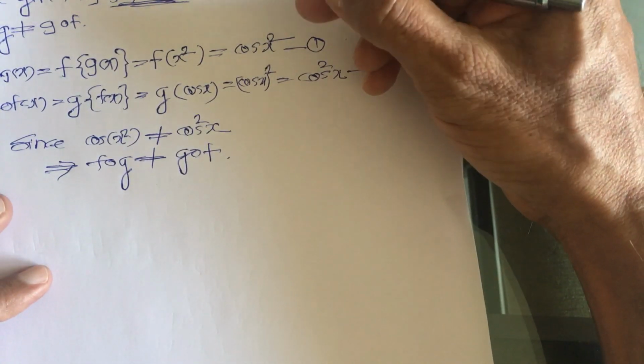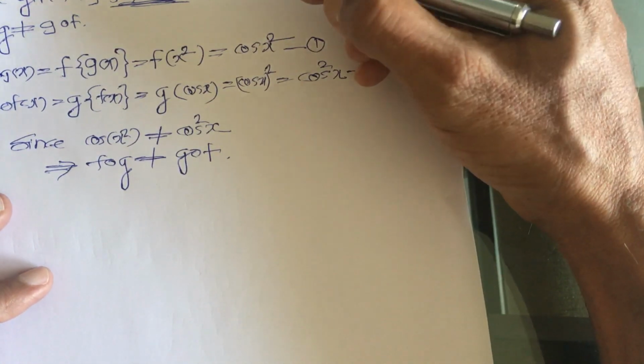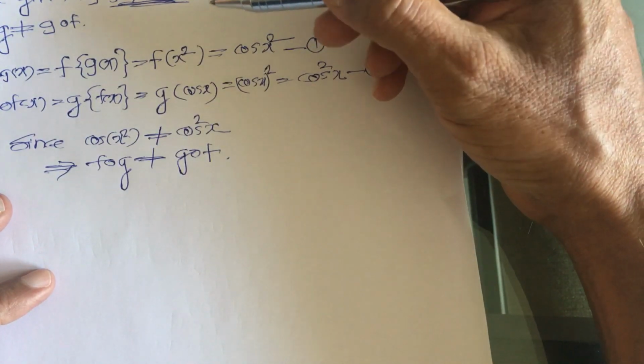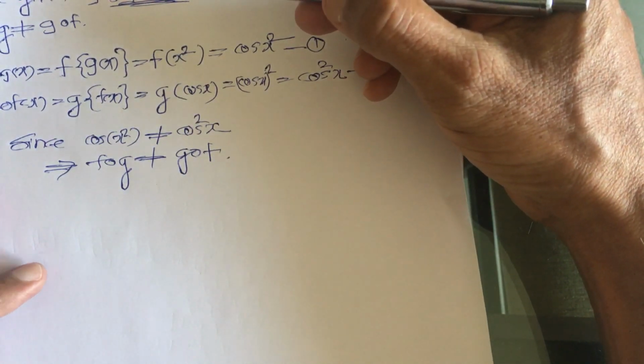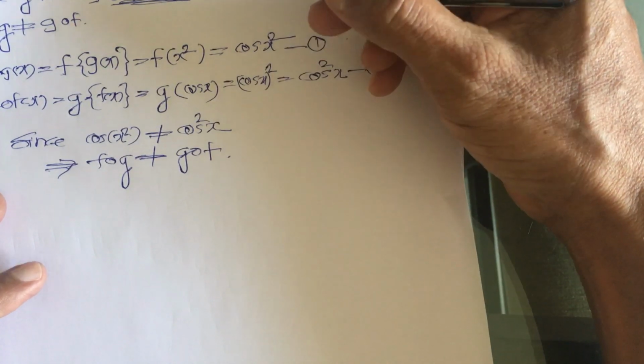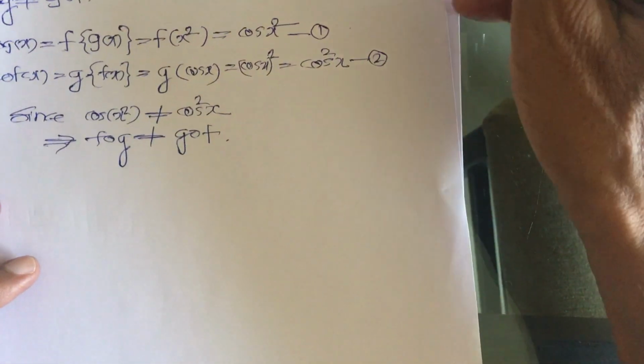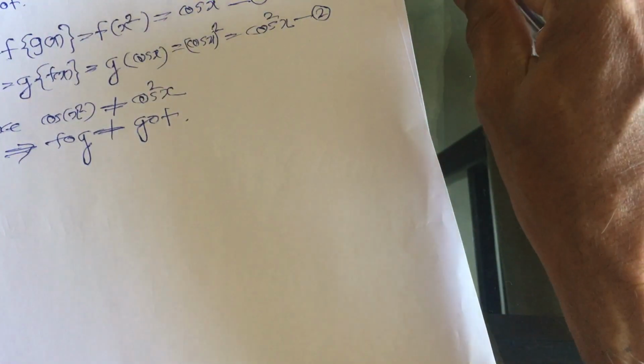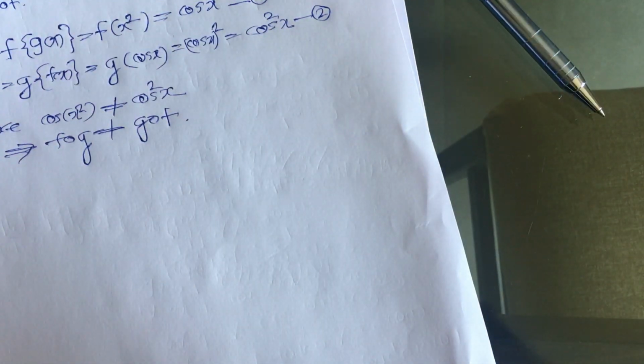After that, one more small part is left, binary operation, and after completion of binary operation, that is the end of the chapter relations and functions. In the next session we shall take inverse trigonometric function. Okay, dear friends.